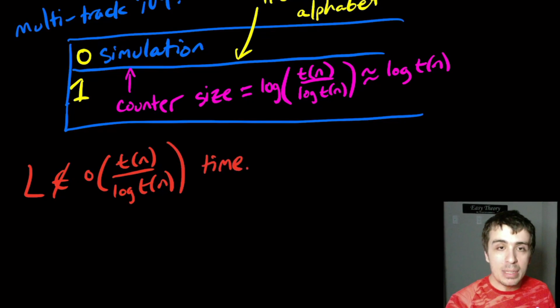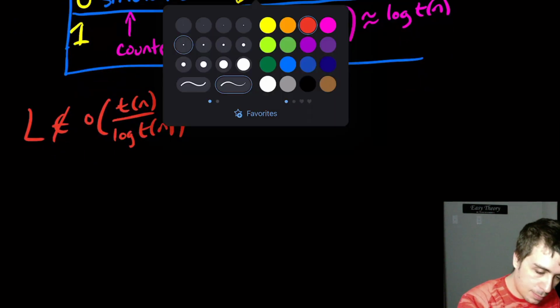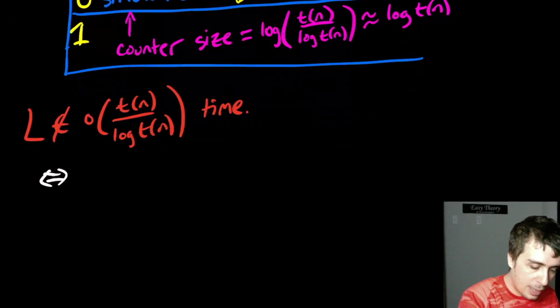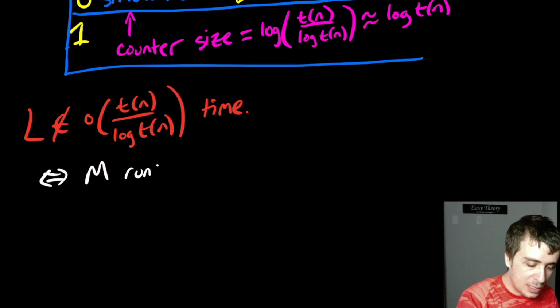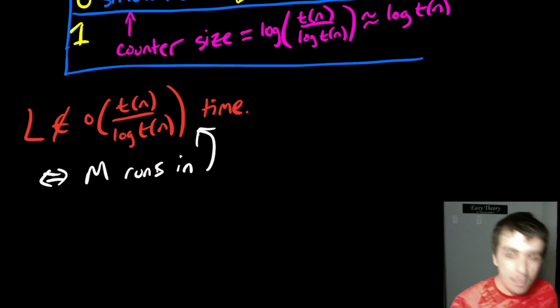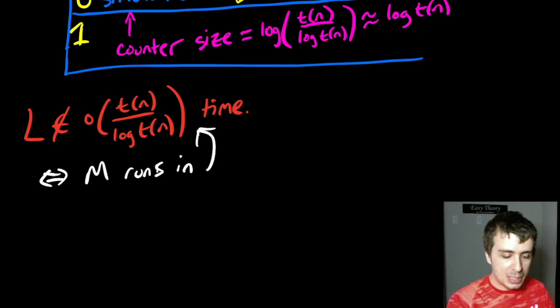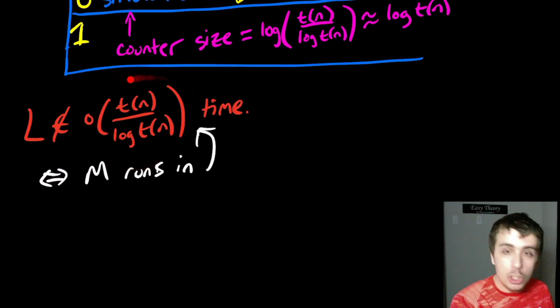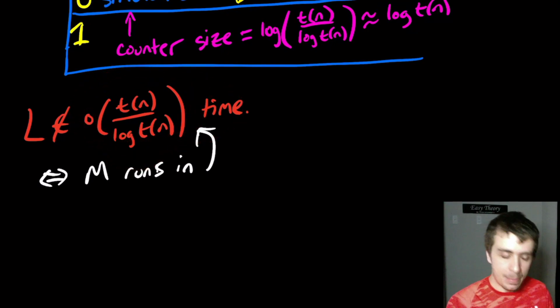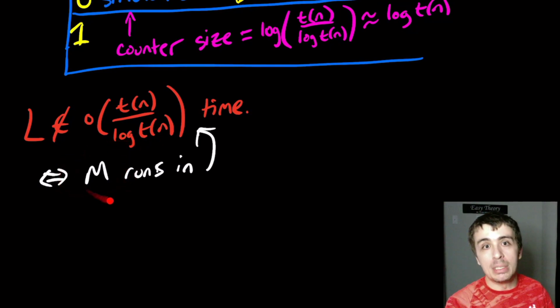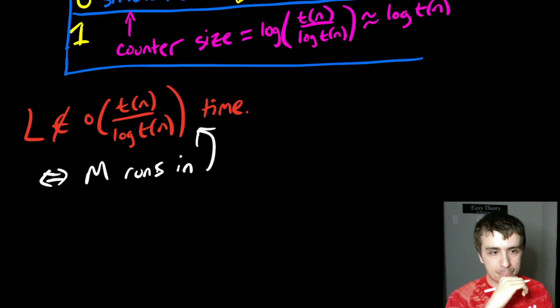And effectively, this is equivalent to showing that M runs in that amount of runtime. Because we showed that the machine D that ran in t of n time, whatever its language was, differs from every machine that runs in that amount of runtime. And what we need to show is that M runs in that amount of runtime because it's different from it.